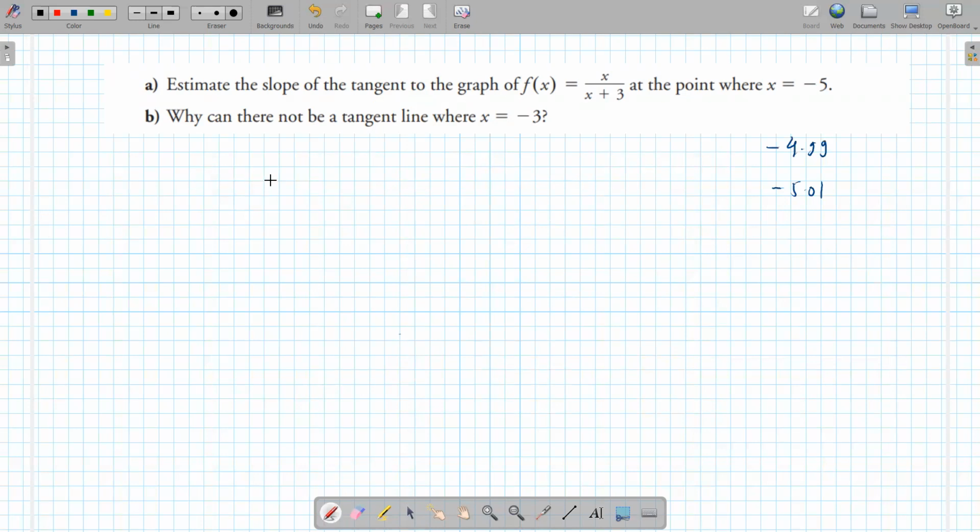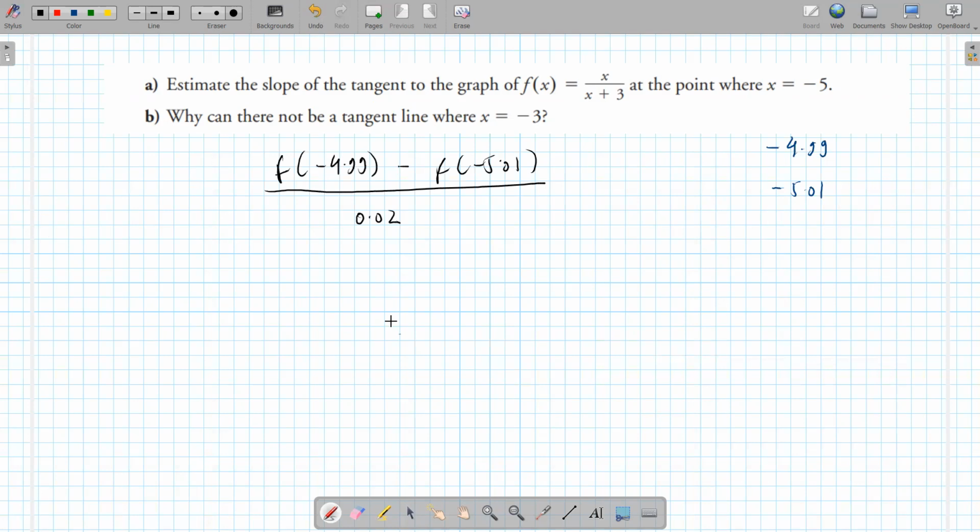But here, all we're doing is f of negative 4.99 minus f of negative 5.01 all over 0.02. This will always be 0.02 if you're using plus minus 0.01. So now you just plug it into the calculator and you're done.